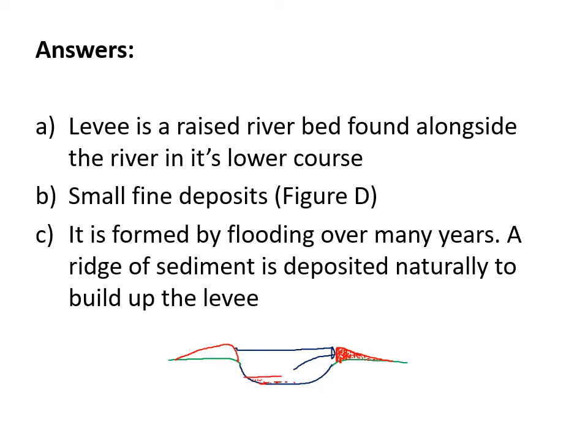So if the river's bed gets higher and higher, so do these levees, and you find that the land is essentially rising. As the floodplain gets higher, so does the river, so do the levees. It all is going up. Hopefully that makes sense. And there's a diagram, or probably you could draw a slightly nicer version than mine, but there's a diagram you could have included with your answer to C.